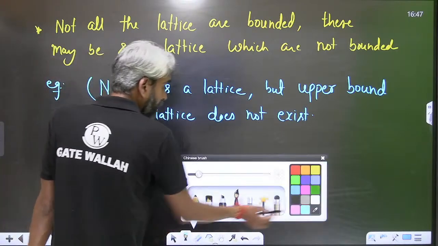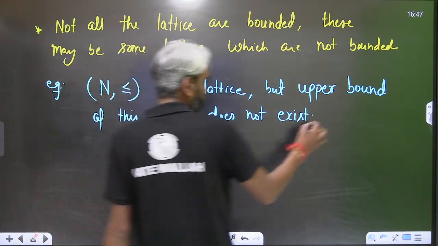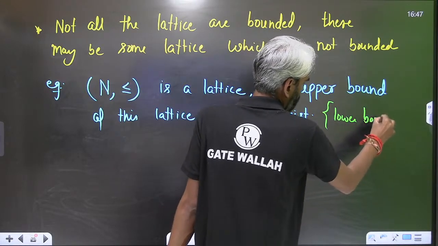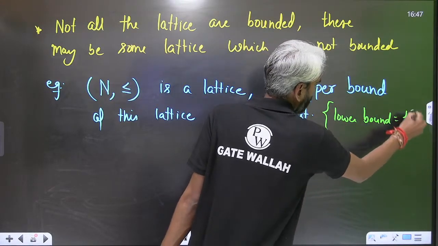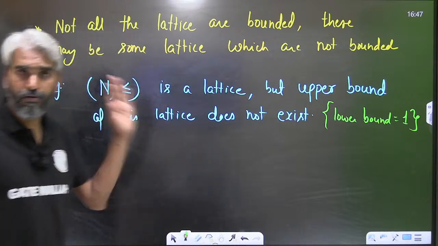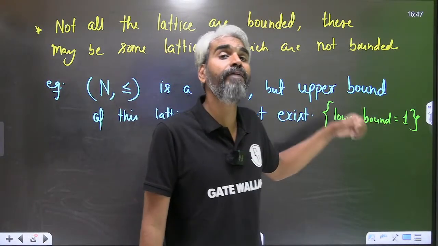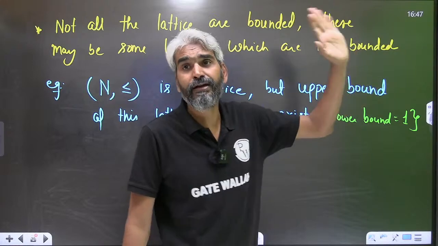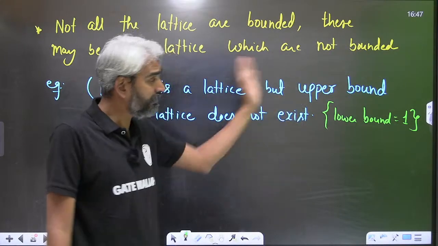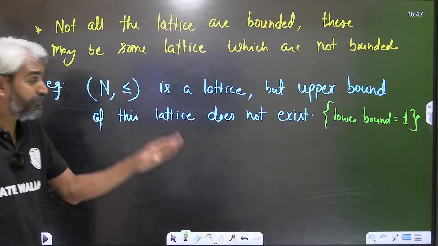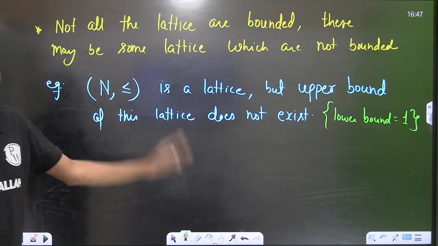Okay. Now, what will be the lower bound? Sir, the smallest natural number will be 1. Therefore, the lower bound will be 1. If you take the greatest lower bound of any element with 1, it will come out as 1. Therefore, 1 is the universal lower bound of the lattice. But we don't know the universal upper bound.